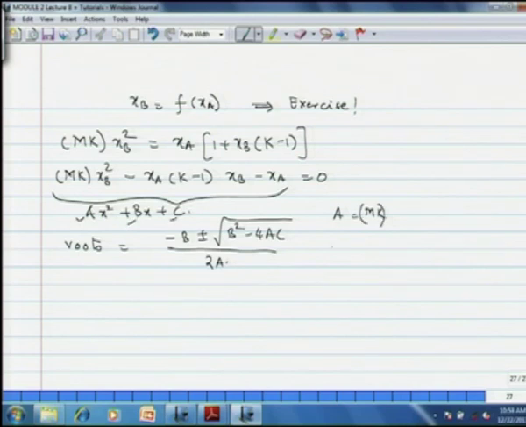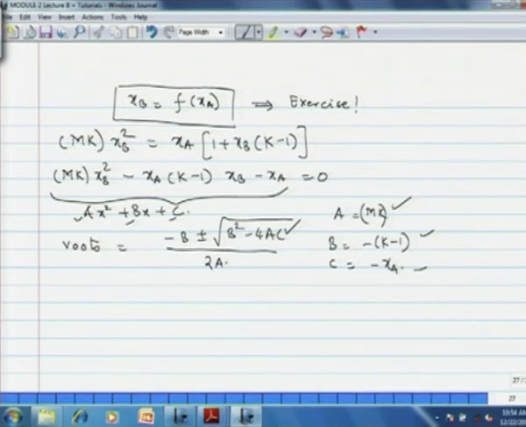So, a is MK, b is K minus 1 and c is minus XA. So, if you simply substitute these three things in this equation, the simple root, you will get the desired answer, that is XB as function of XA. And now, this I have left as an exercise.